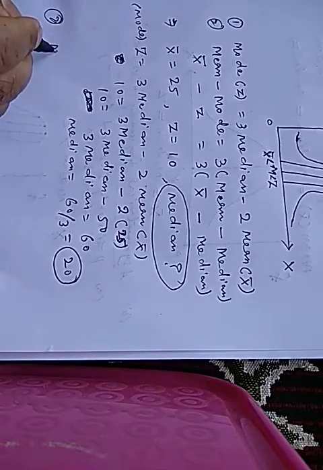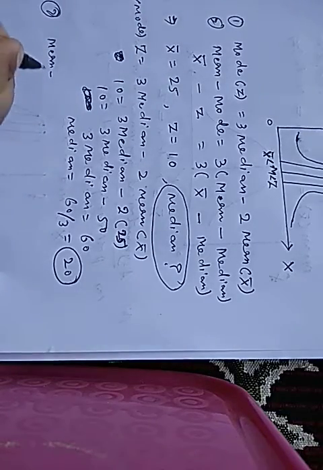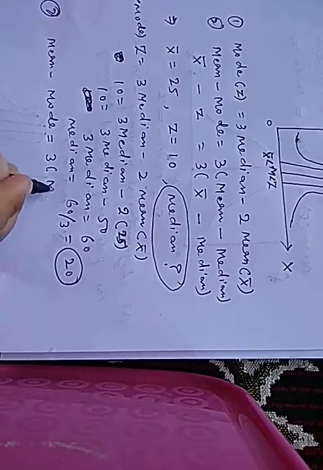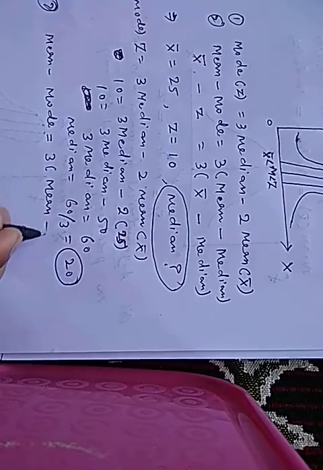Now we will apply the second formula to know whether we will get the same result or not. Mean minus mode is equal to 3 times the difference between mean and median.